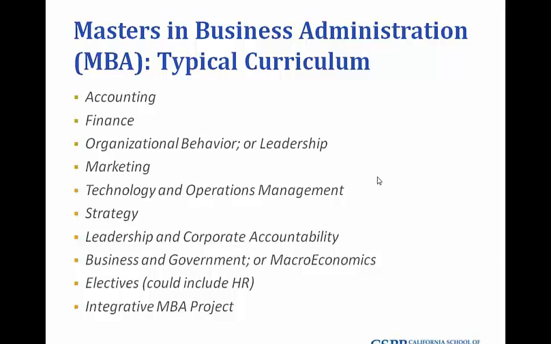Then you have other functions of business management, such as marketing, technology, operations management, strategy, business and government, macroeconomics, and various electives, which could, by the way, include human resource management. And typically, it's a 2-year degree. The second year of an MBA usually involves an integrative MBA project, which is not quite a thesis, but a more applied project.